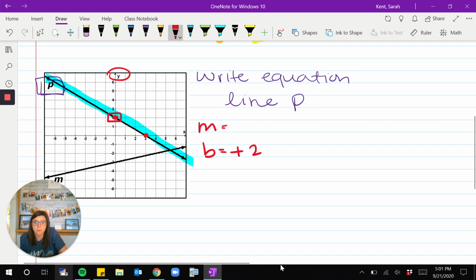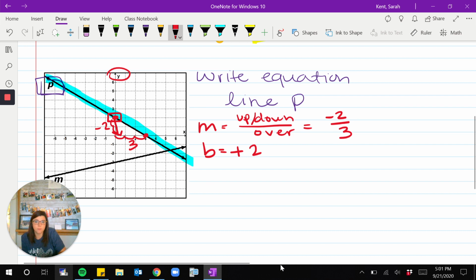To get from point 1 to point 2, I'm going to go down 1, 2, and then I'm going to go over 1, 2, 3. So for this, I'm going to do up or down over my over. Here I went down 2 and over 3. So my slope is -2 over 3.